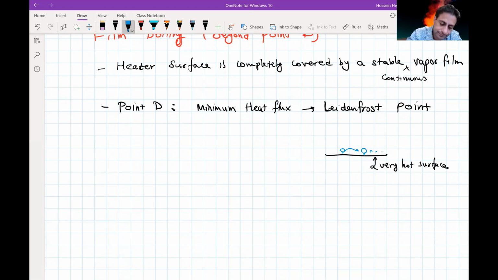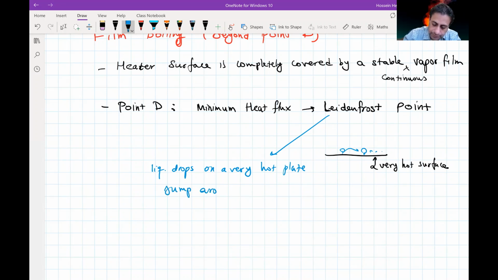That phenomenon is when liquid drops on a very hot plate or hot surface jump around.